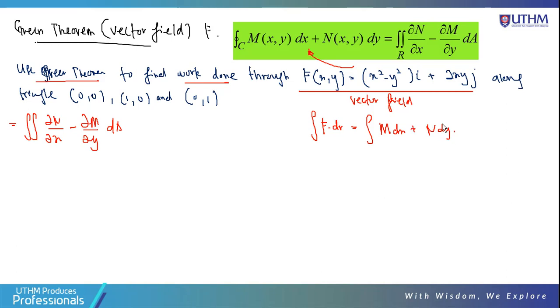This is equal to m dx plus n dy. You find this m and n, it can be in this form, I have proved it just now. So it equals m dx plus n dy. So you need to form this scalar field first. You know this one represents m, and this one represents n. To change into this form, you just bring all this: m is x² plus y² dx, and then n equals 2xy dy.